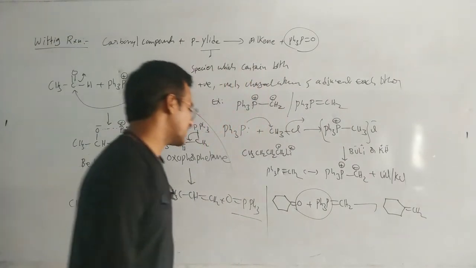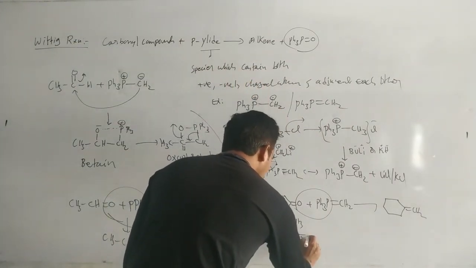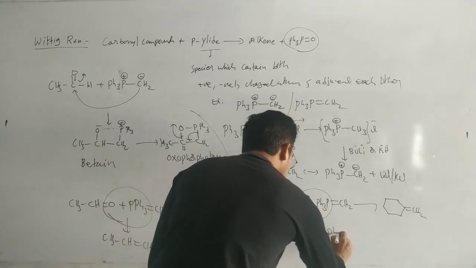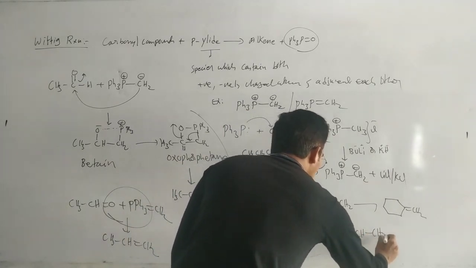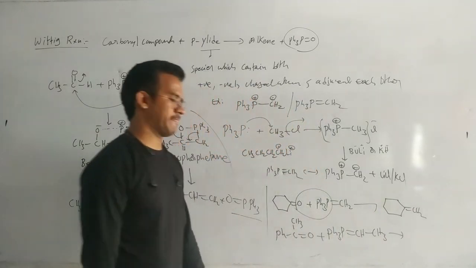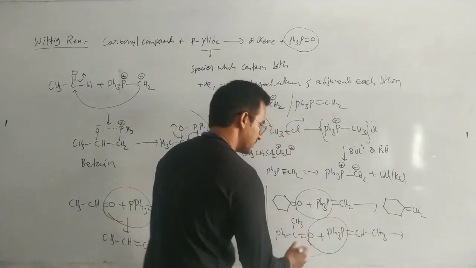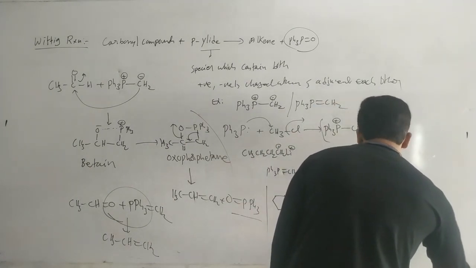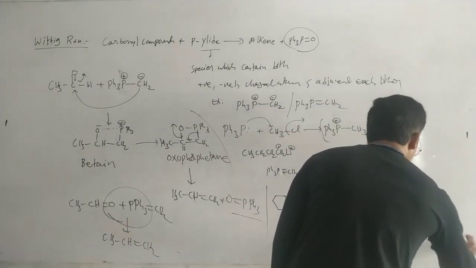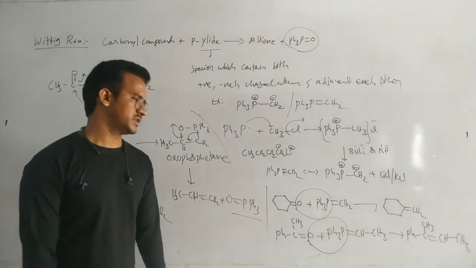For example, here this benzaldehyde or acetophenone double bond O, with this triphenyl phosphorus, I am taking another type of phosphorus ylide. Just remove this one. So here the compound is PH3, CH3, double bond, CH, bond, CH3. Okay, that's it. That is a Wittig reaction.